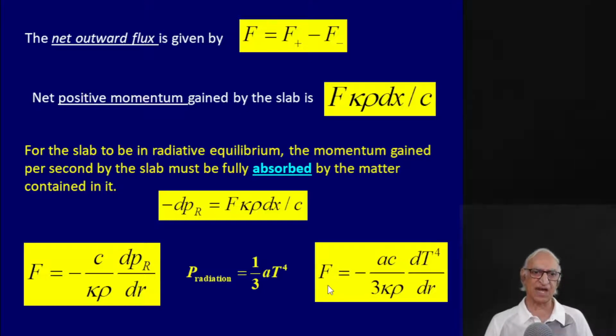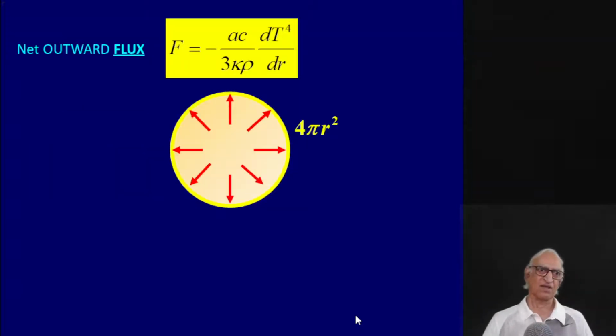Therefore, the net outward flux is equal to minus a c divided by 3 kappa rho d by dr of T to the power 4. An extremely important and beautiful result, a magical result.